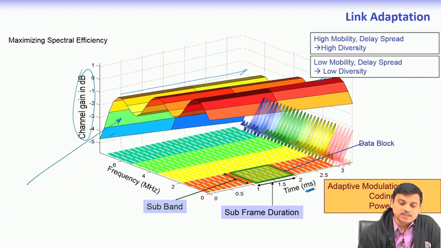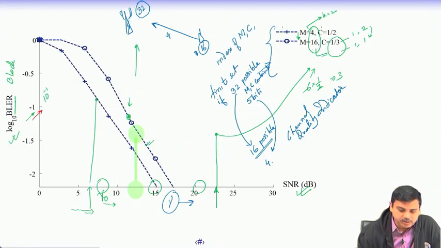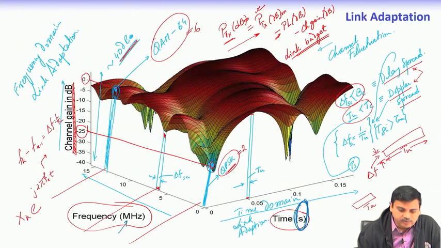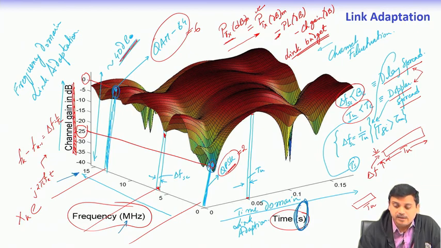So, what we see is that in the frequency domain the fluctuation has more or less remained, but again if we go back to that earlier picture, what we will find is that we have captured up to 15 megahertz in this particular image, and here this resolution is 0.05 seconds.